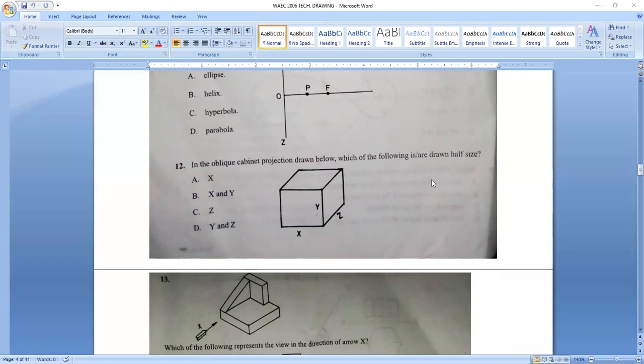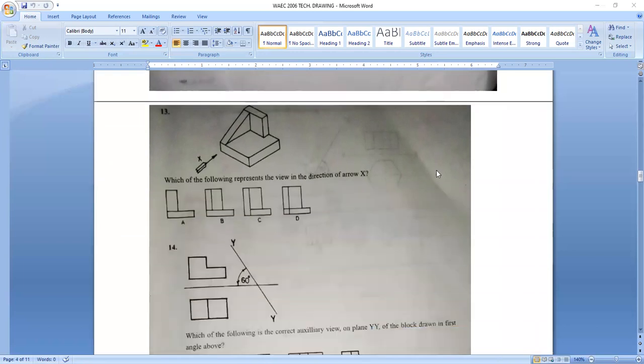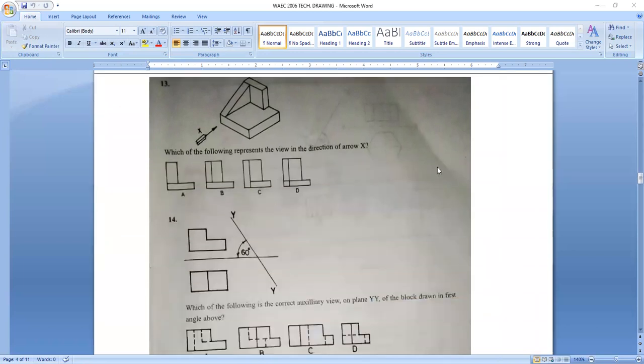So the receding side of a cabinet projection is always drawn half size. Okay. Then question 13, which of the following represents the view in the direction of arrow X? The answer to that question is option B.